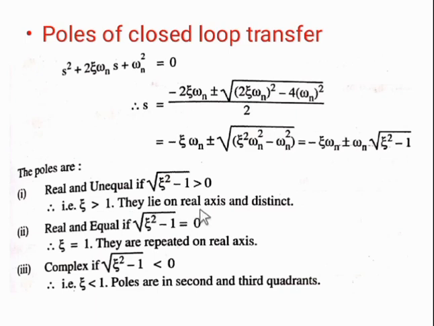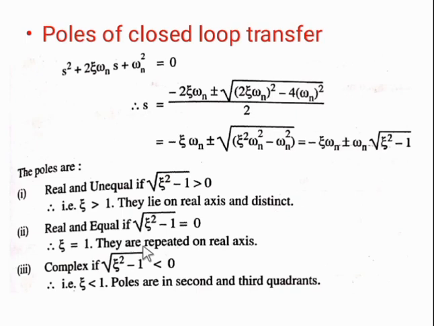If we consider zeta square minus 1 equal to 0, this whole term becomes 0 and only minus zeta omega n remains. So zeta equal to 1. This is known as critical damping, and the poles are repeated on the real axis. In the previous case, the roots are on the real axis but distinct, so all the roots have different values.